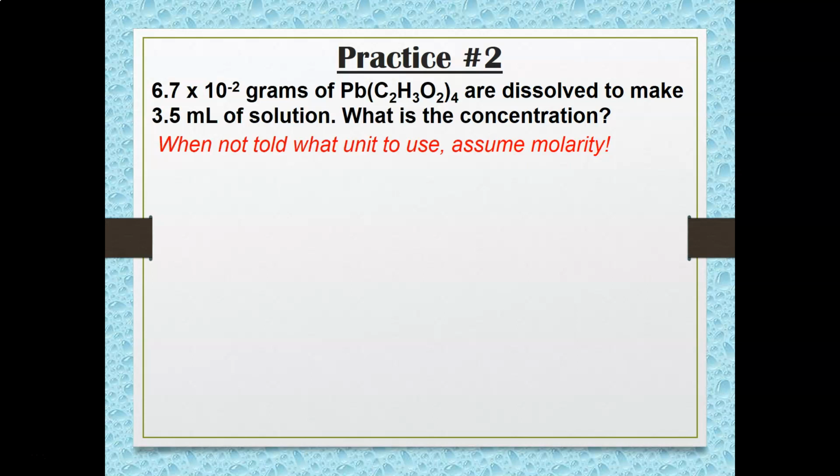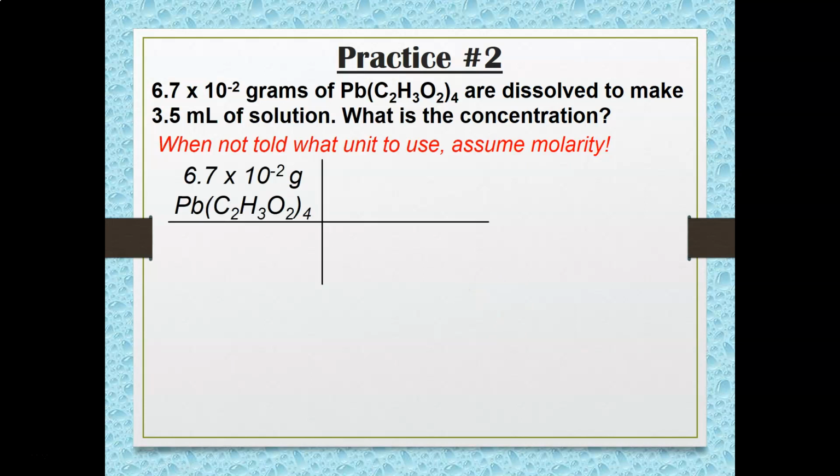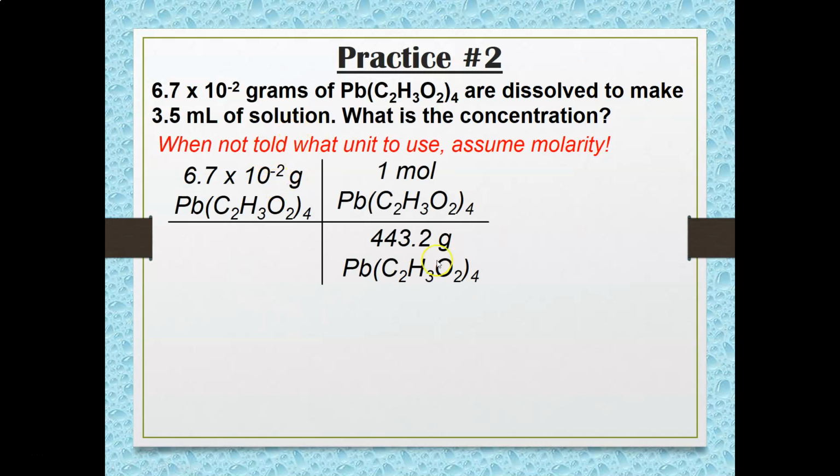All right, let's see how that went. I'm going to convert from grams to moles. Grams will go on the bottom. 1 mole goes on the top. That way my grams cancel, and I'm left with moles.